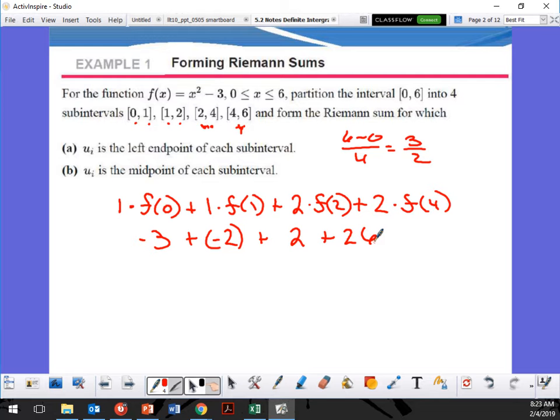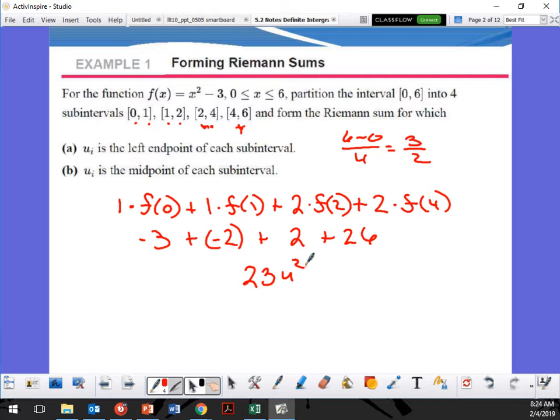Okay, good. So now from here, we go ahead and add these together. 28, negative 5, 23? Yeah. So 23 units squared. Is that easy? So that's the left endpoint of each one.